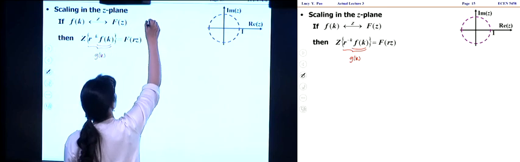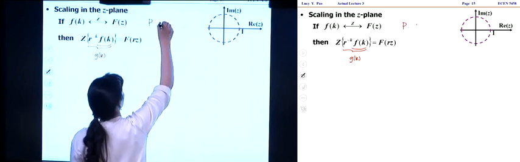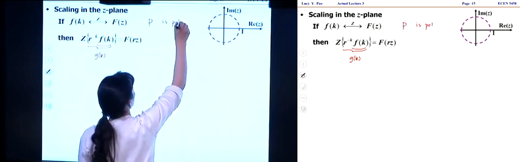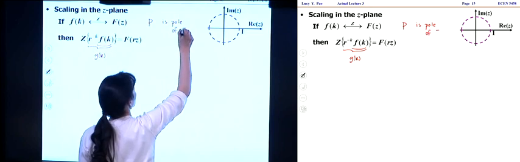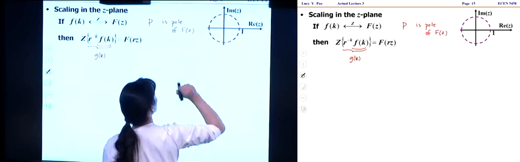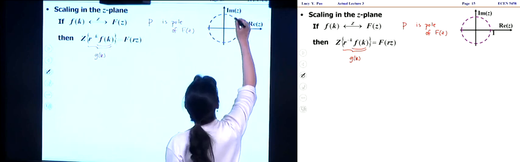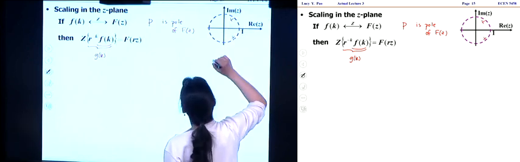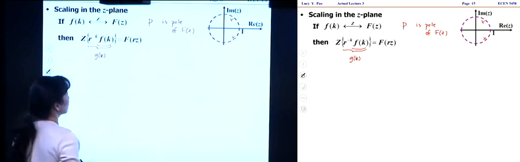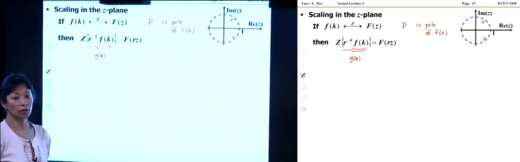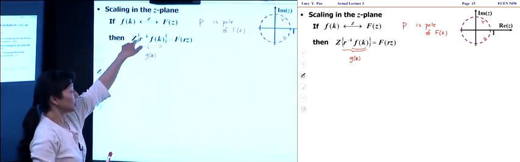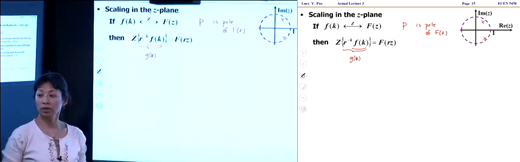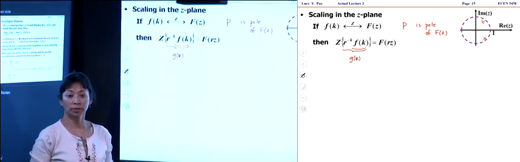Which means, say P is a pole of F of z. So say that you have some original poles of F of z there. Then where are the poles of this exponentially scaled sequence going to be?